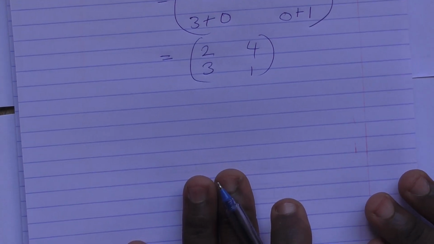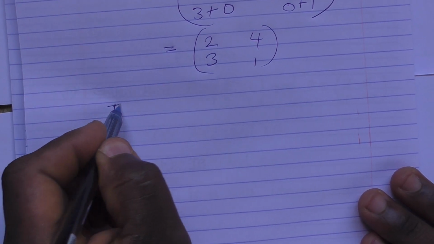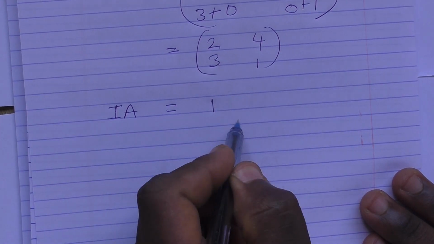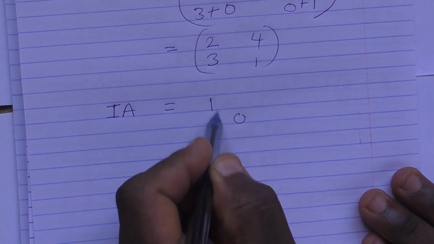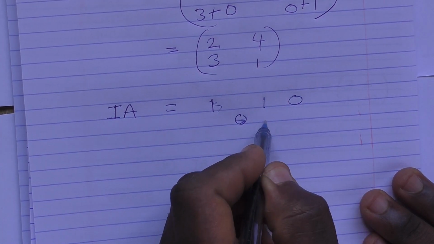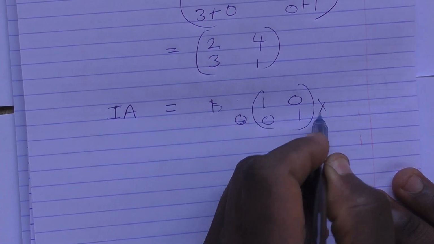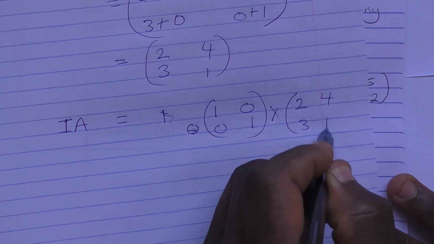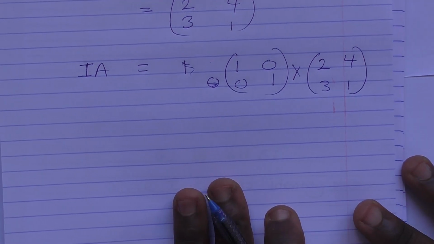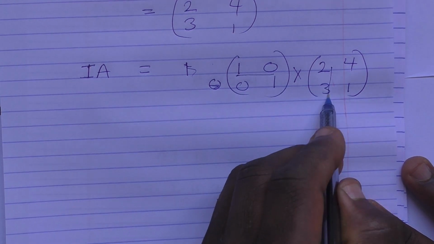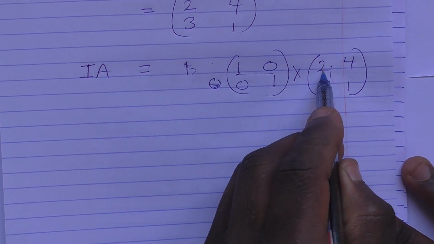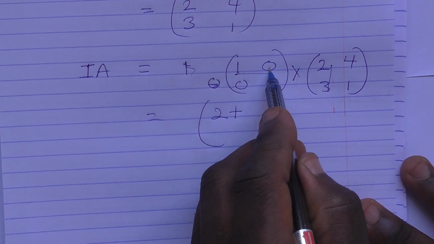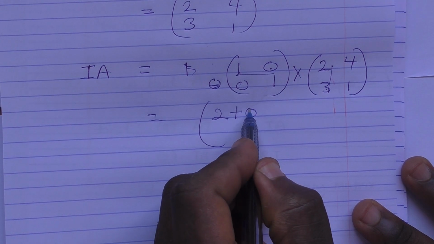And now let us also find IA. Similarly, we shall start with I, which is 1, 0, 0, 1, times A, which is 2, 4, 3, 1. When we multiply row by column, this is 1 times 2, giving us 2, plus 0 times 3, 0.